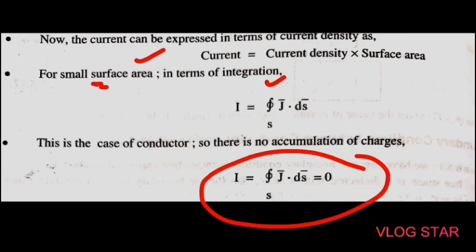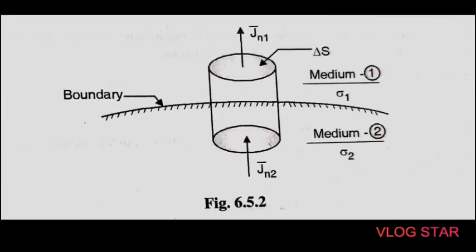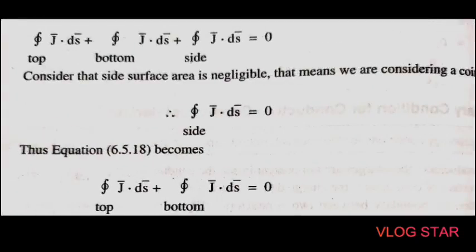So the value of this I is equal to 0. Then applying this equation for this cylindrical surface, we have to write first the top surface, then the bottom surface, and consider the side. So J bar ds bar for the top surface, plus J bar ds bar for the bottom, and for the side J bar ds bar is equal to 0.